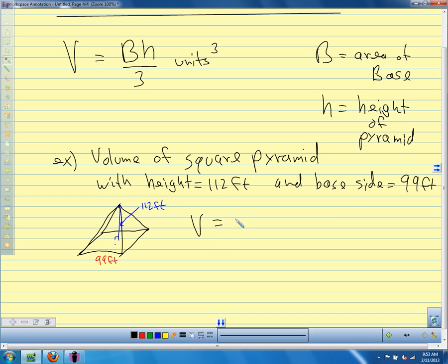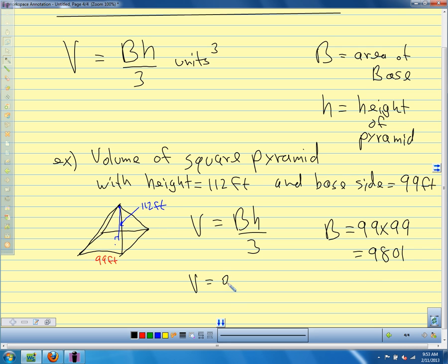So our volume is the area of the base times the height divided by 3. How are we going to find the area of the base? Zoe? 99 times 99, length times width of our base. 99 times 99 turns out to be 9801. And our height we know is 112, so plug those numbers in.